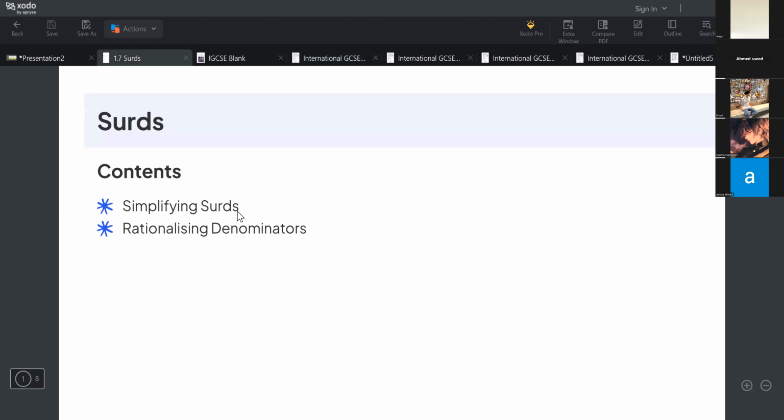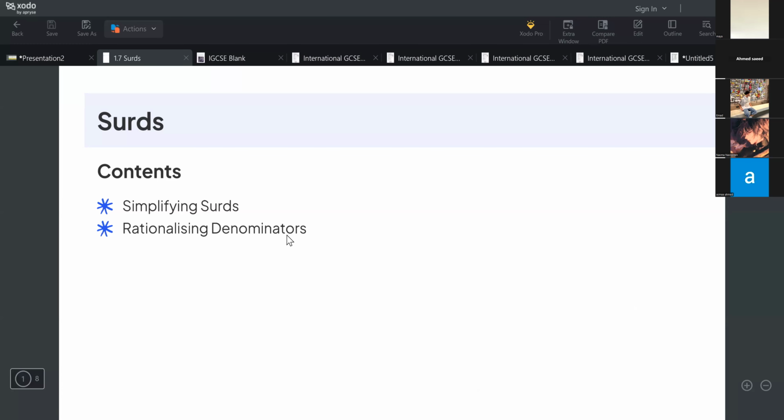Okay, let's start with surds. My question now: what is a surd? A surd is a root number that cannot be simplified.